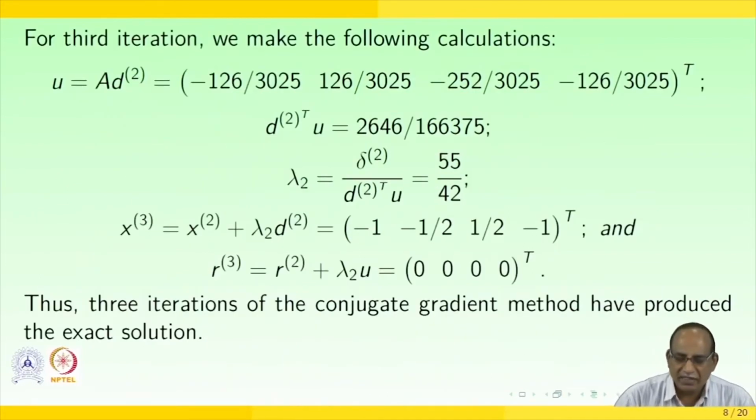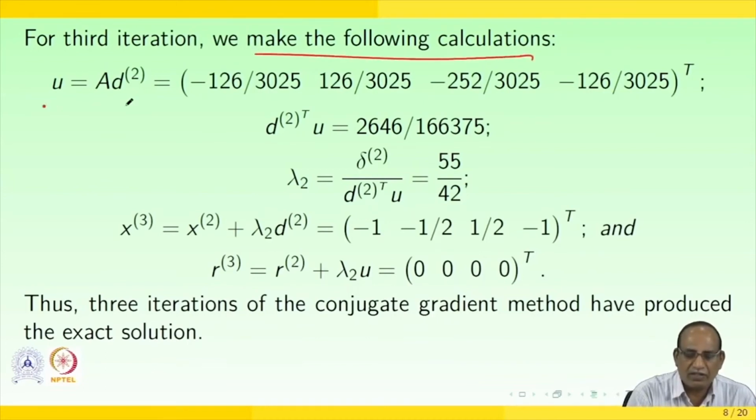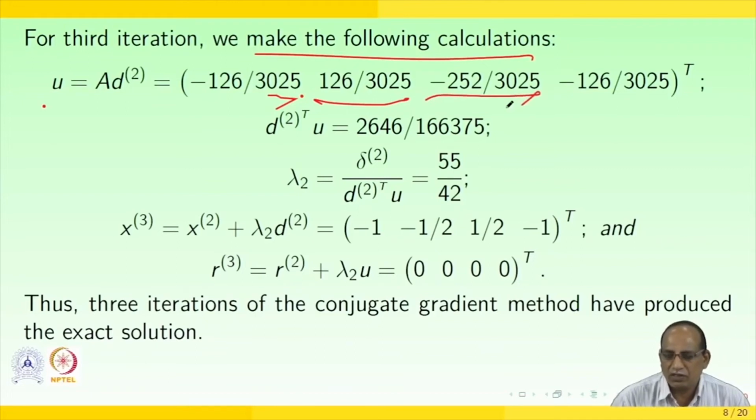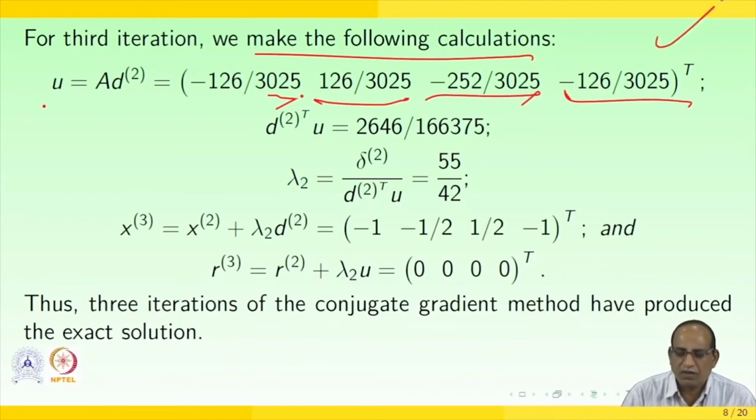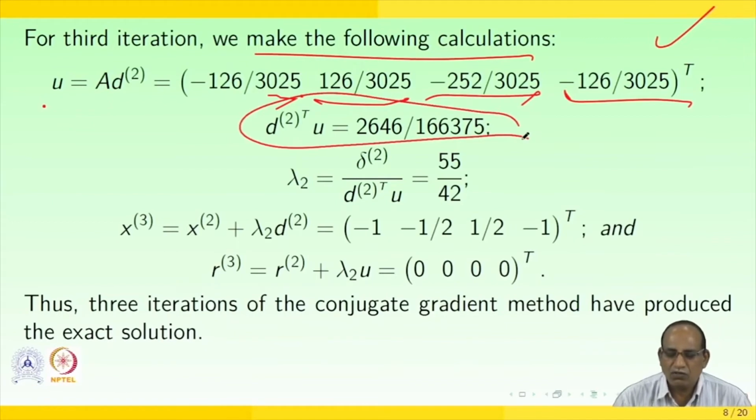For the third iteration, we make the following calculations. That is, u is equal to AD2, so minus 126 upon 3025, 126 upon 3025, minus 252 upon 3025, minus 126 upon 3025 transpose. And d2 transpose of u is equal to 2646 upon 166375, and lambda 2 is equal to 55 upon 42.